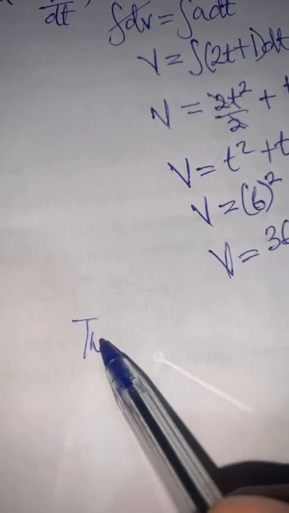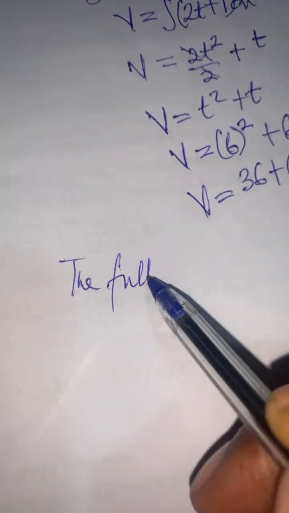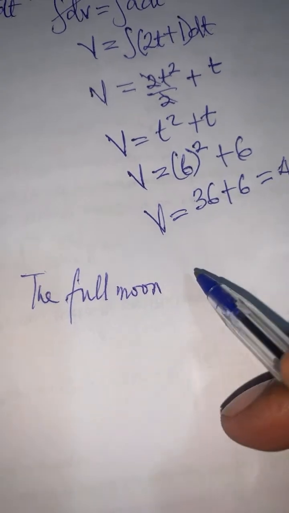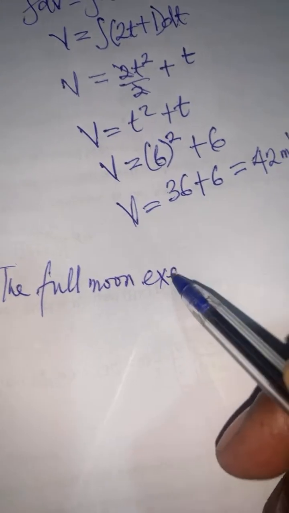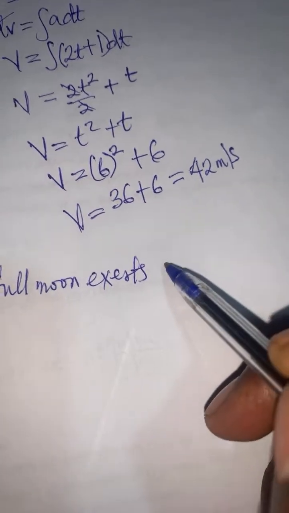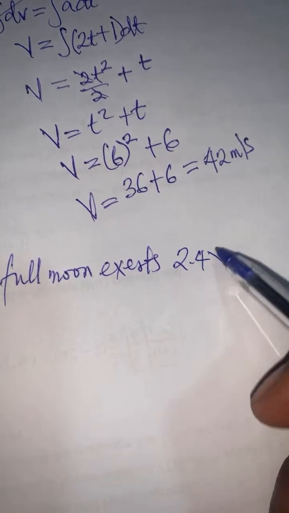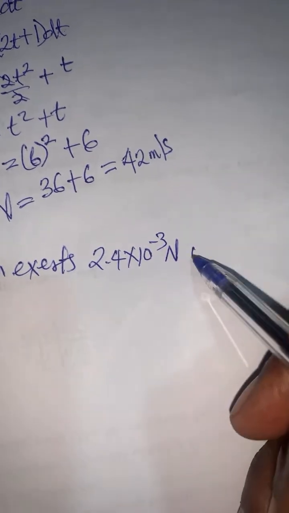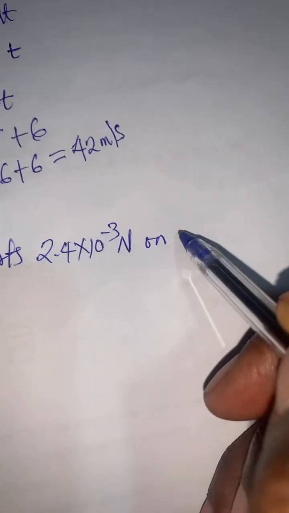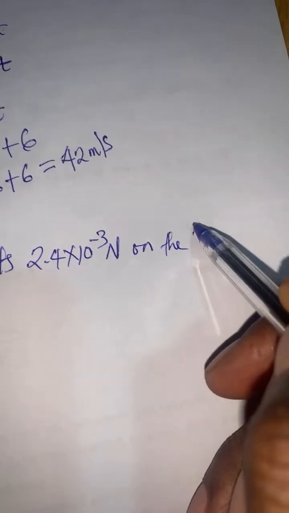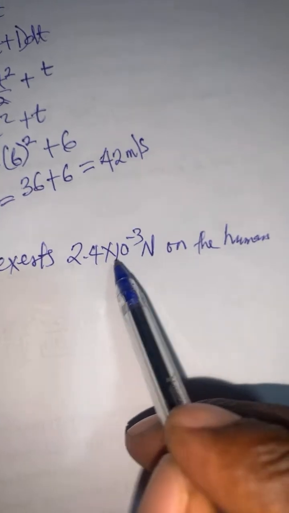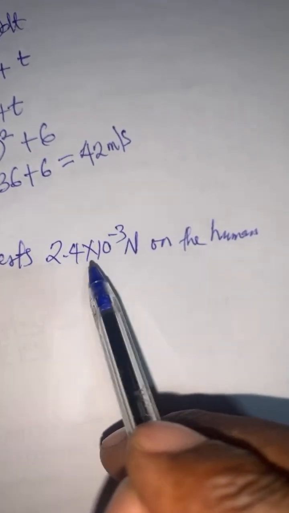The full moon exerts 2.4 times 10 to the power of minus 3 Newton on the human. This is normal. You should just take note of this. This is the particular force a full moon exerts on a human.